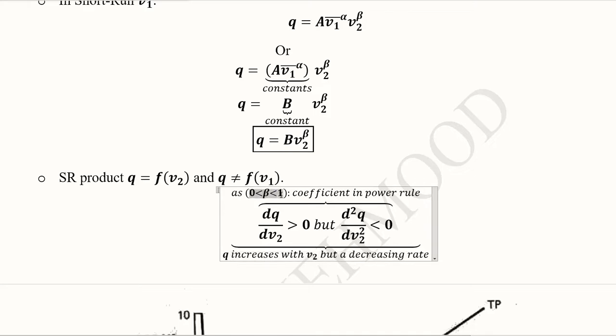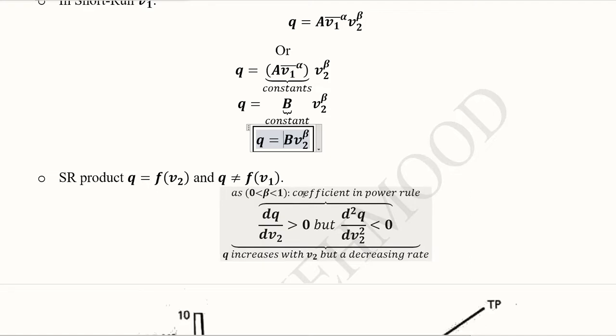Mathematically speaking, it is verified with the value of beta, because we know that the value of beta is a fraction between 0 and 1, and when we take its derivative, it appears here in the coefficient place, and since it's less than 1, for example 0.5, it is going to halve the value of the Q. So it means that the more we use it for the second derivative, again beta will come here and it will become beta square here, and this beta square will be even smaller than the beta because it is less than 1.